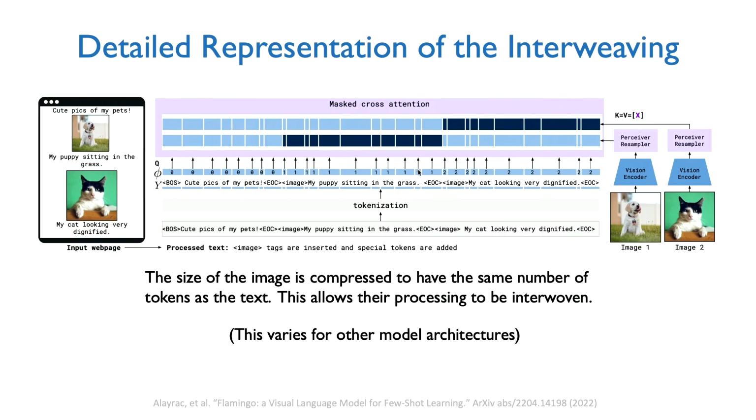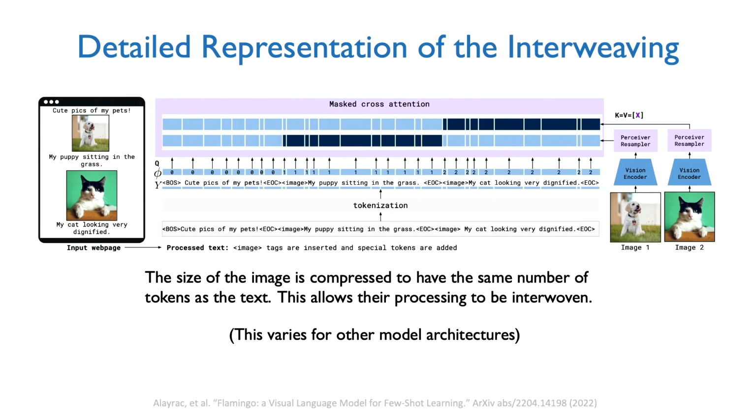We see these little numbers here, which are weights, which basically hide all of the tokens except for these. So when I'm looking at my puppy sitting in the grass, only look at the puppy image. And when I'm seeing my cat looking very dignified, only look at the cat image in this masked cross-attention, because they mask out some of the words.